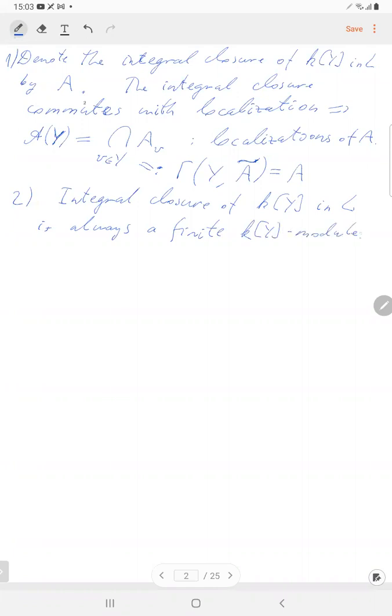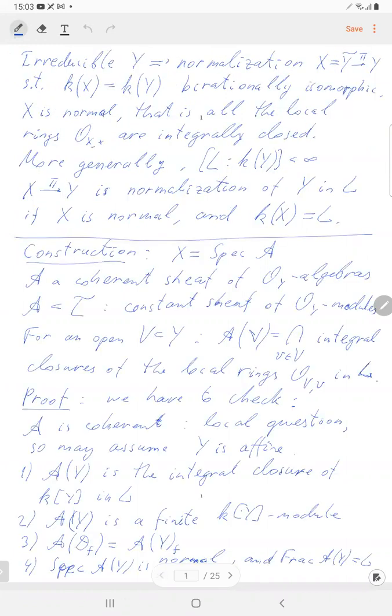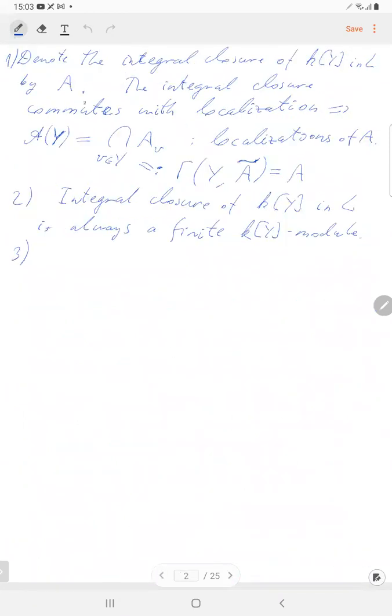There's some basic algebra result that is assumed to be known to everybody. Now, what is the next point? The next point is that it commutes with localizations. But we just mentioned that it does commute with localization. Again, integral closure commutes with localization.